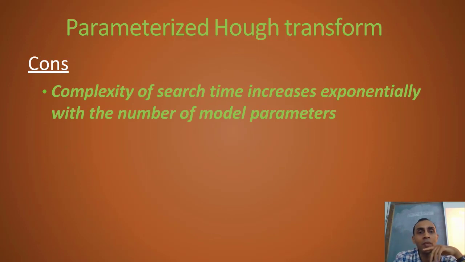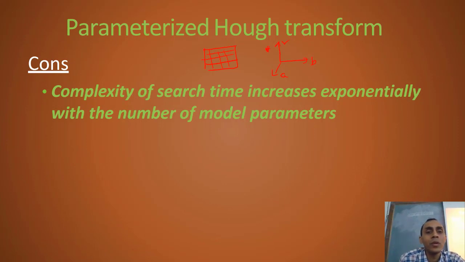But the problem with Hough transform was that we needed to generate an accumulator array. For a single line, we just needed a two-dimensional matrix. For a circle, we needed a three-dimensional space: A, B, and the radius R, and so on.